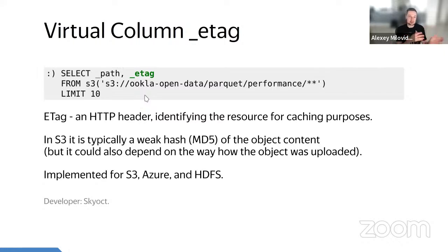And in S3, it is typically just the MD5 of the content of your file. So you can take this MD5, and if it was not changed, the file is also likely to not have changed. And if it was changed, the file is likely to have changed in content. So it is pretty nice. Maybe you will need this feature, maybe not, but now we have it. So use it if you want.